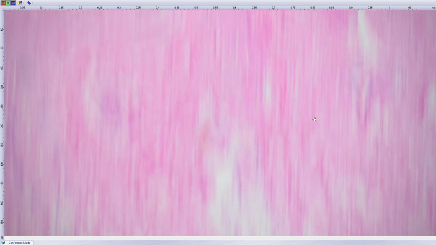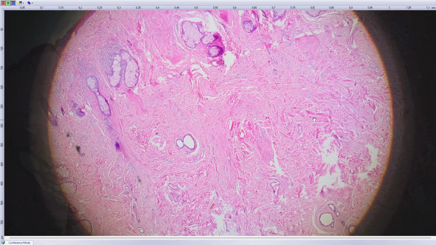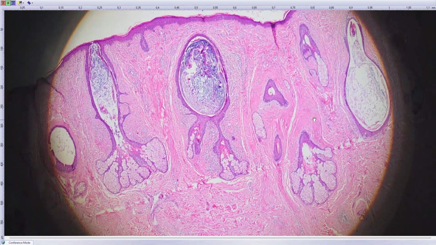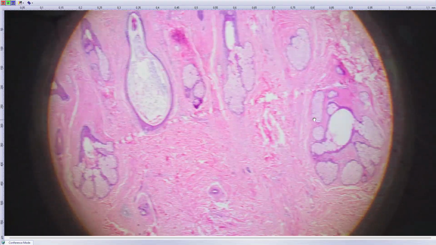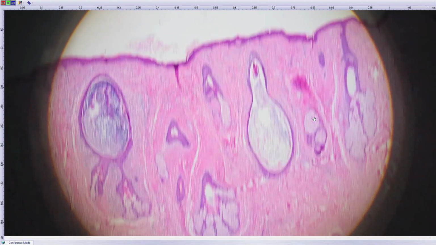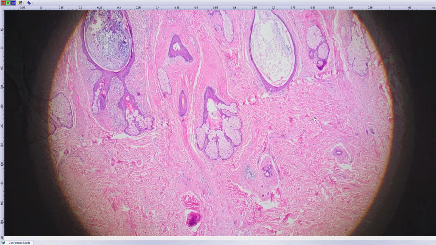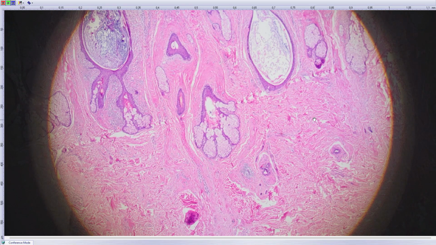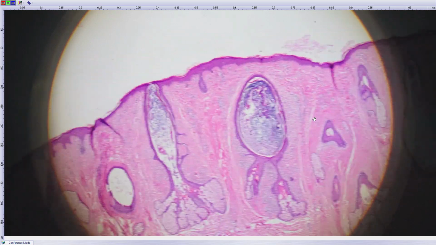Here I have a skin lesion, and the patient had many such lesions over the body.